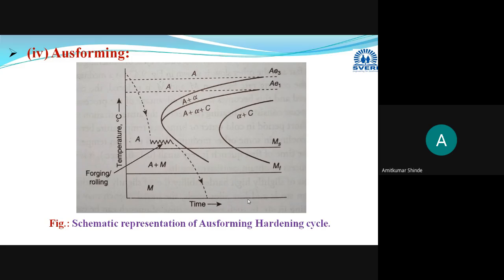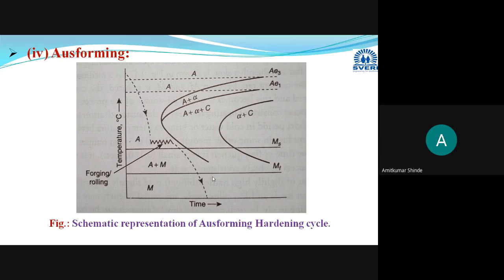The initial two cycles will be the same, that is heating. To perform the hardening process here, we are heating that component above A3 if it is hypoeutectoid steel, or above A1 if it is hypereutectoid steel by 50 degrees Celsius, then holding at that particular temperature for a definite period of time to get homogeneous austenite and equalization of the temperature.